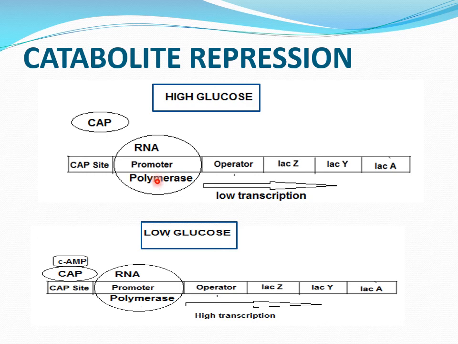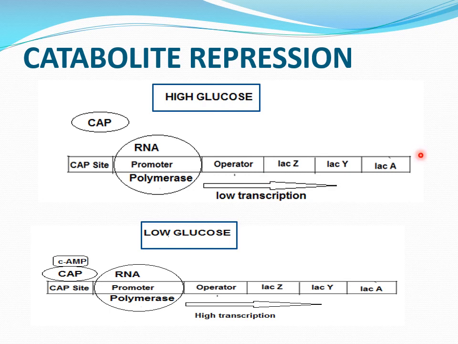Since RNA polymerase is not properly bound on the promoter site, the transcription won't be at the full rate, that is only low transcription of these three genes will be there.